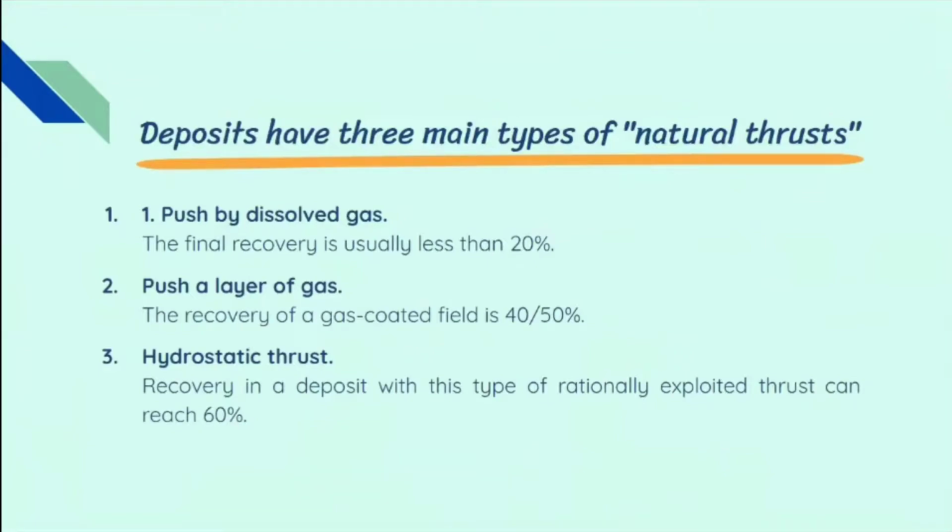And finally, we have the hydrostatic thrust. The most efficient driving force to cause oil to be expelled from the reservoir is the thrust of the water accumulated under the oil. Recovery in a deposit with this type of thrust can reach 60%.